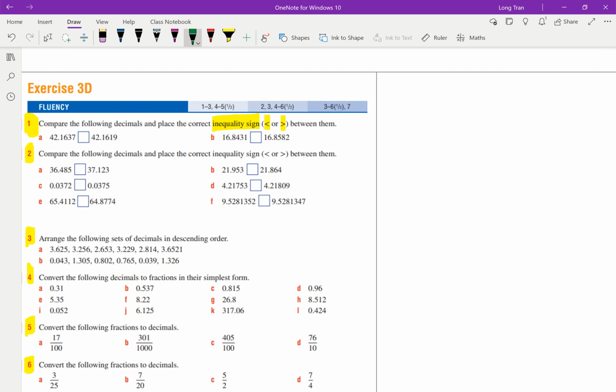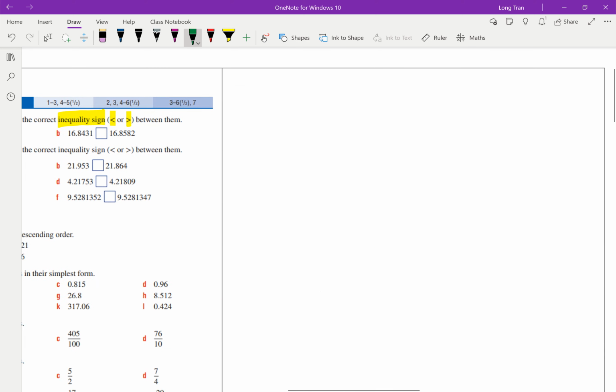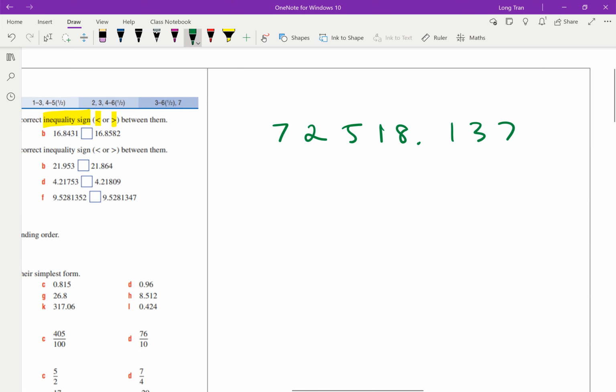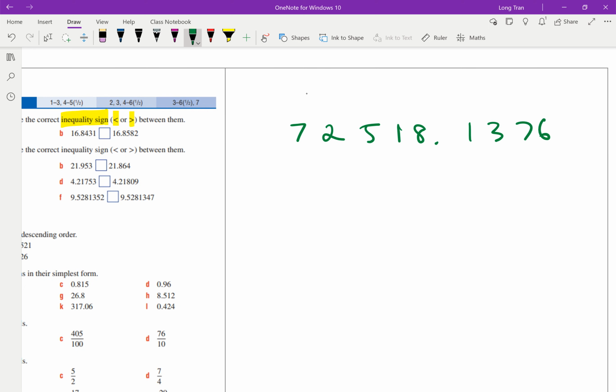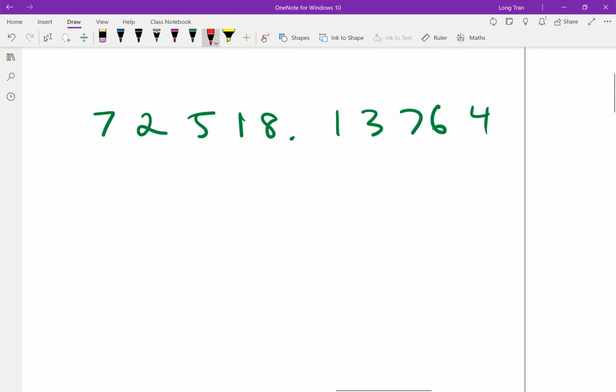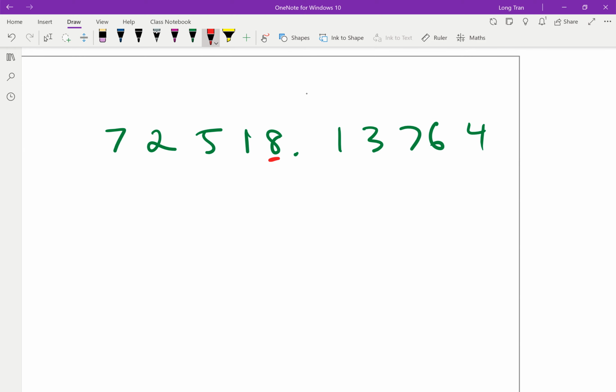Now, let's write a random number. I'm going to do 72518.137. Actually, I'll do 7 again, 6, and what number haven't I used? 4, okay? We know these are units. How many units make up a ten? 10.